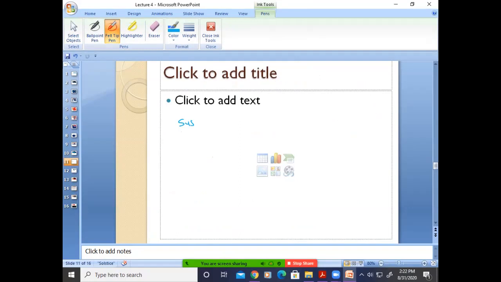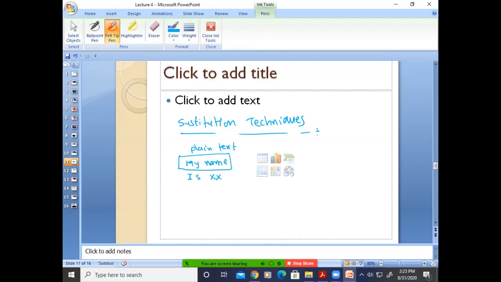Substitution means we are going to see this in detail. What are the different types of these techniques? Substitution techniques we'll see maybe in the next lecture. As I told you, substitution means, suppose this is the plaintext, "my name is something." The substitution technique says each character, or each element in this plaintext, will be mapped into another element.